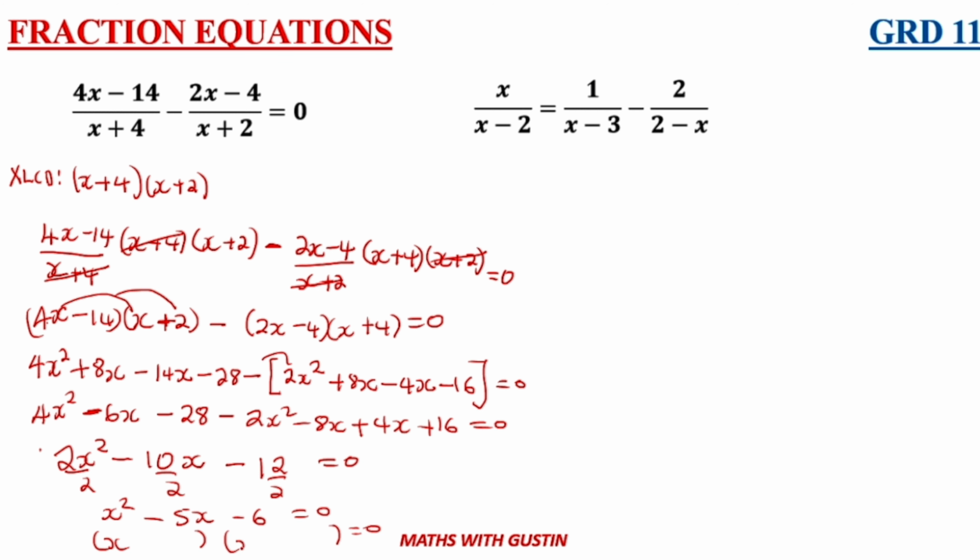It's x times x, and then two numbers, when you multiply them together they give us negative 6, but when you add them they give us negative 5, so is it a 2? Let me see. No, it's not. It's 6 times 1, negative 6 plus 1. All right, and that's how you would deal with a question like this one. Therefore our x value is going to be equal to negative 1, or x is equal to 6.